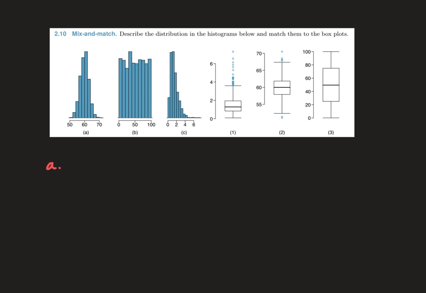So it is unimodal. There's only one peak. It goes up and then it goes back down. And it is also symmetric. It doesn't have a long tail on either side. The tail is about even on either side.